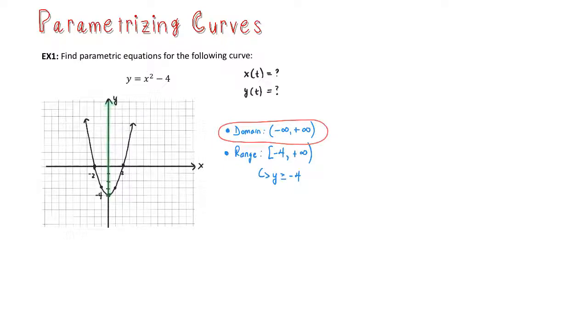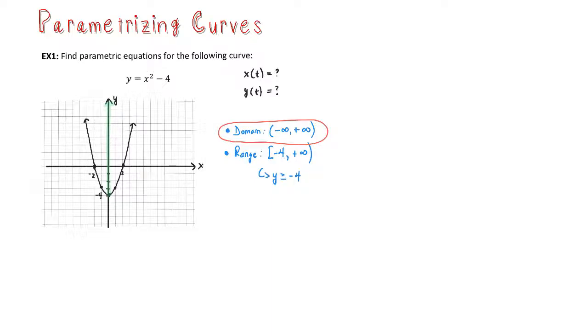In order to begin finding the set of parametric equations, you're going to start with x. What you want is to be able to choose an expression for x in terms of t, your parameter, such that the domain of the expression for x matches with the domain of the function. We already said that the domain is all real numbers.